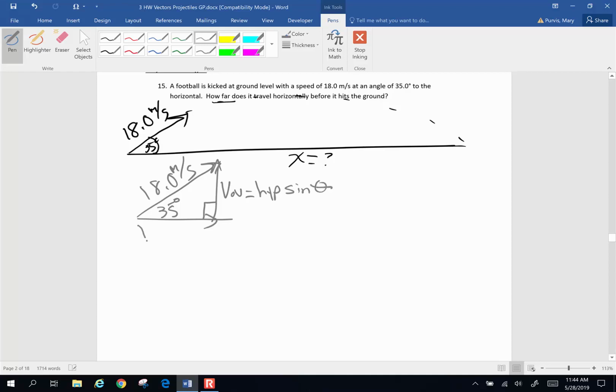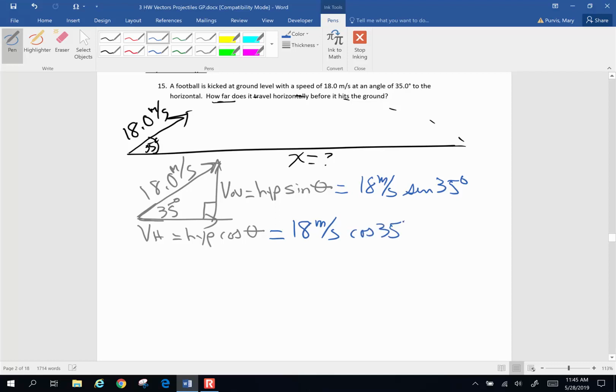This is the horizontal velocity, this is the adjacent side, so this is going to be the hypotenuse times the cosine of theta. So the original vertical velocity here is going to be 18 meters per second times the sine of 35 degrees, and this one is going to be 18 meters per second times the cosine of 35 degrees.